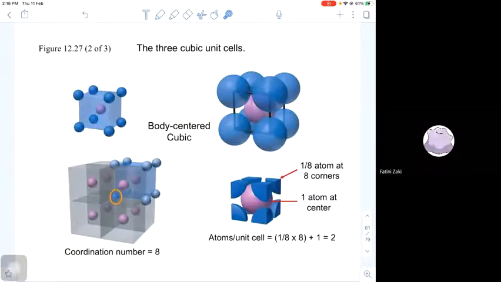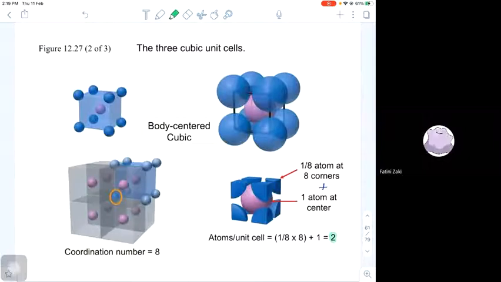So for the body-centered cubic, we calculate 1/8 multiplied by 8 corners, plus 1 atom at the center. So altogether we have 2 atoms per unit cell of body-centered cube.